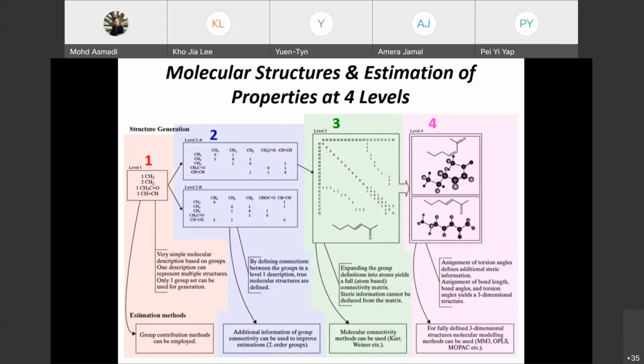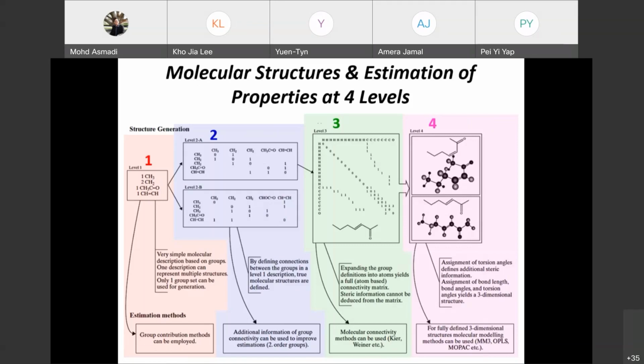For level 1, it is represented in terms of group contribution methods, in terms of the fragments, as just now.